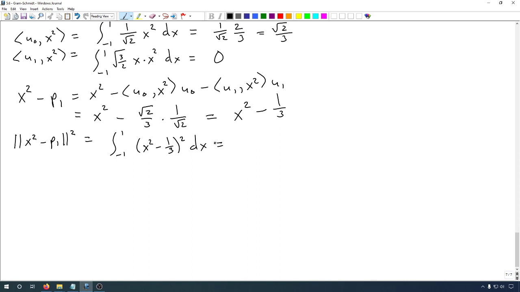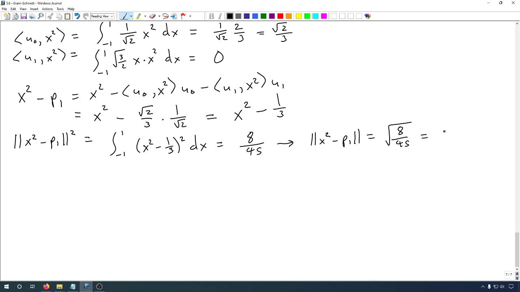And of course, that's some work. You have to expand this out, you then integrate it, and ultimately you end up with 8 over 45. So I'll leave that to you to actually find. But that does mean that the norm of x squared minus p1 is going to be the square root of that. So square root of 8 over 45. And in fact, we can simplify this.